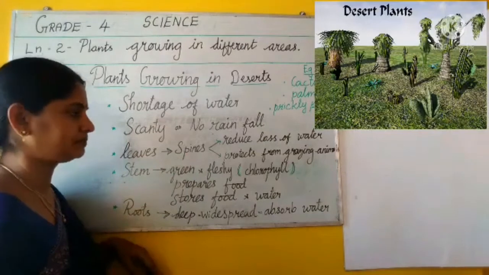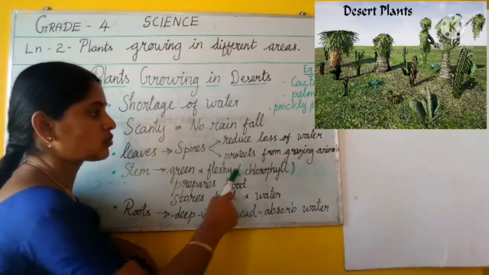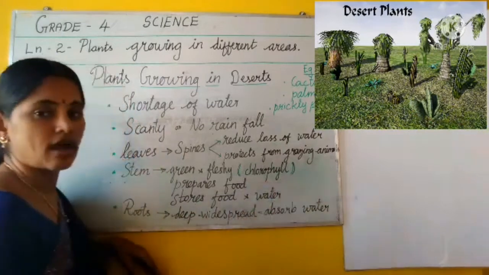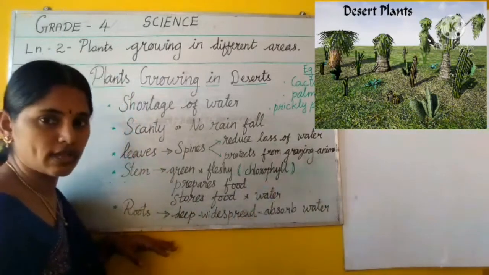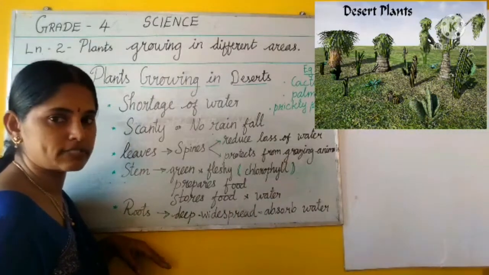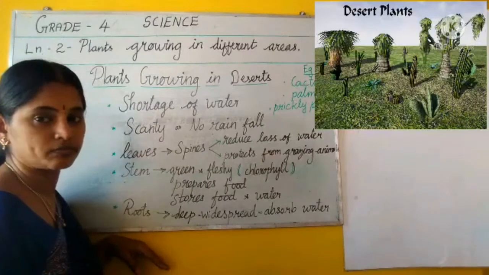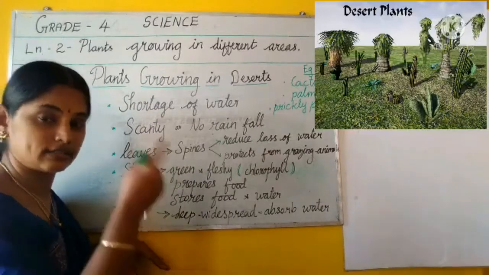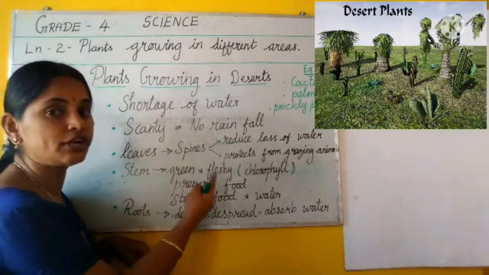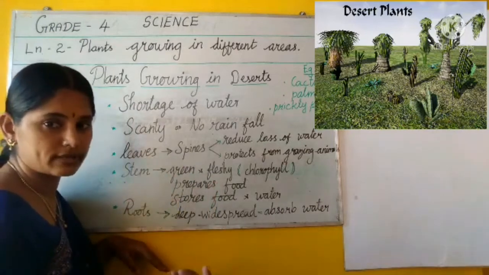Also, grazing animals, in desert region also some animals will be there. So the animals may eat these plants. But if the leaves turn into thorns, the animals cannot eat them.